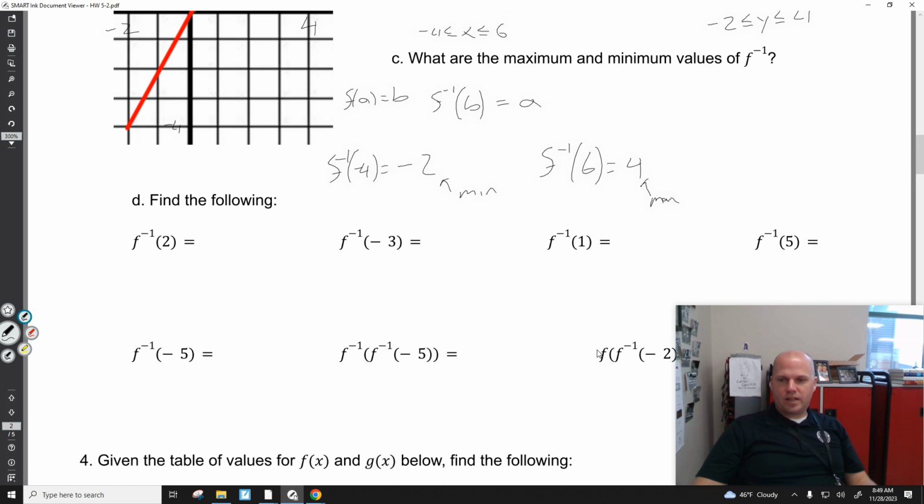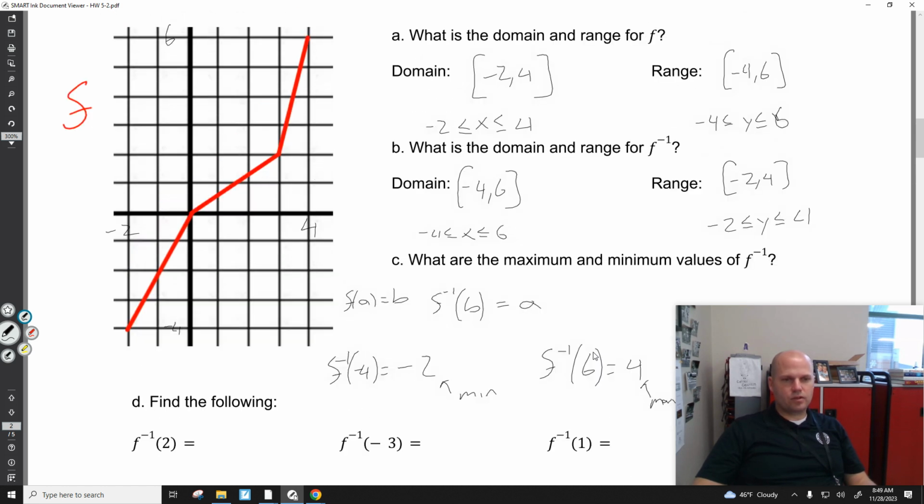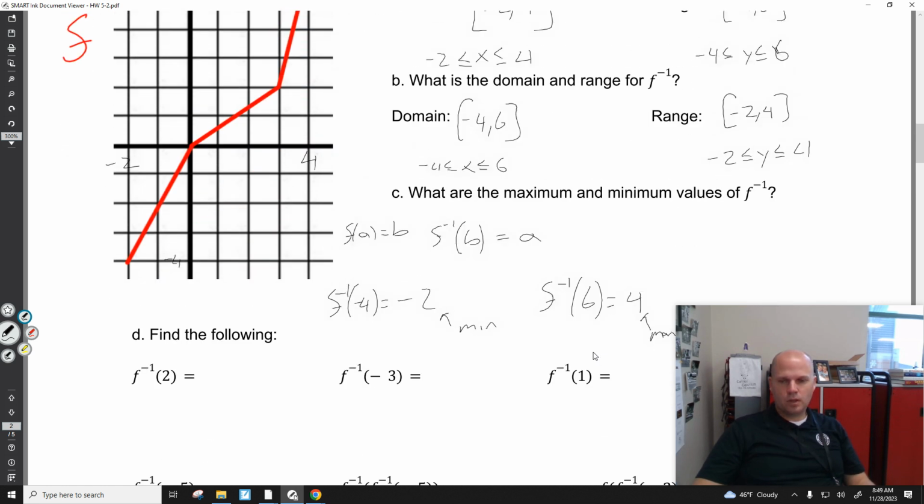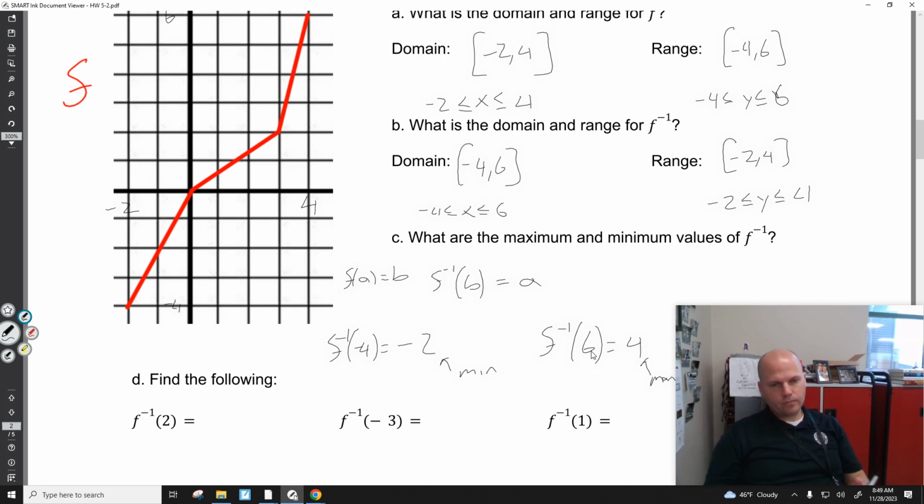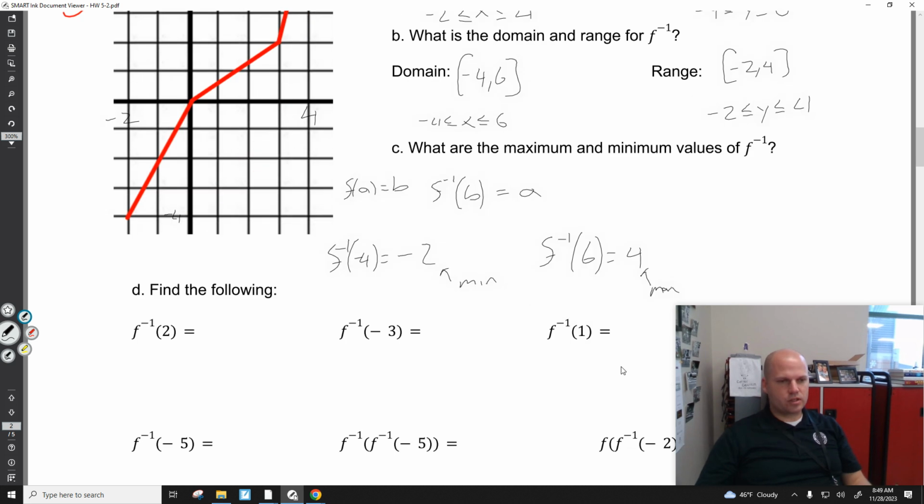All right, now we're finding some different values. F inverse of 2. I want to think about what are different ways to show you this. I do this in my calculus class. F has the point A, B. F inverse is going to have the point B, A. Maybe this helps you get started and then you'll do the rest.